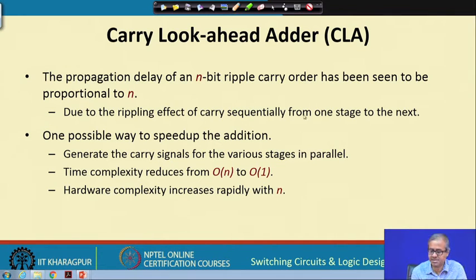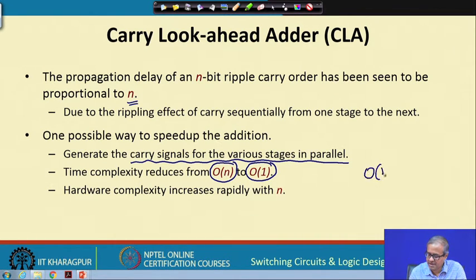We have mentioned in the previous slide also that the propagation delay of a ripple carry adder is proportional to n, but in a carry look ahead adder we are generating the carry signals in parallel. This is a notation which we use to denote complexity, but you need not worry about the exact meaning of this.